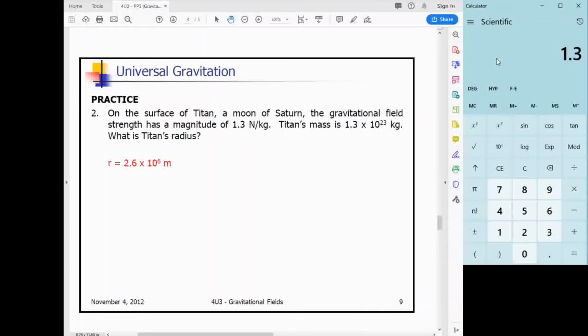So we can take our big G, times our M, divided by our little g, and we'll have to find the square root of this. We get 2,582,000, which is 2.58 times 10 to the 6. But if I look back at the question, I have 2 significant digits, so I have to round this to 2.6 times 10 to the power of 6.